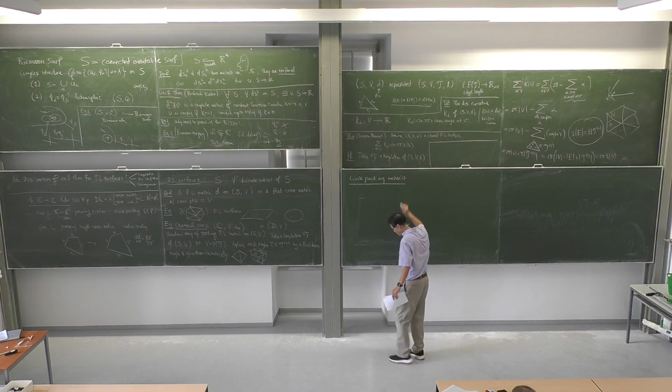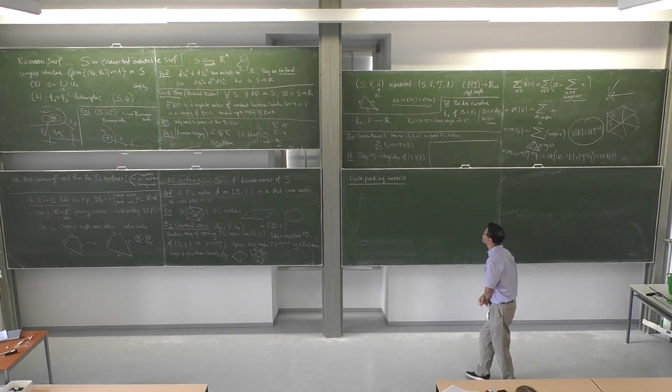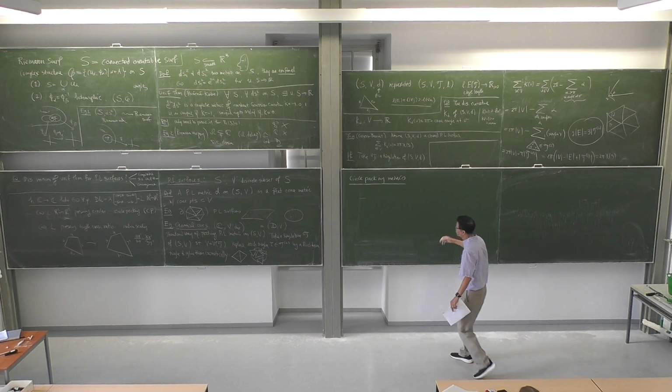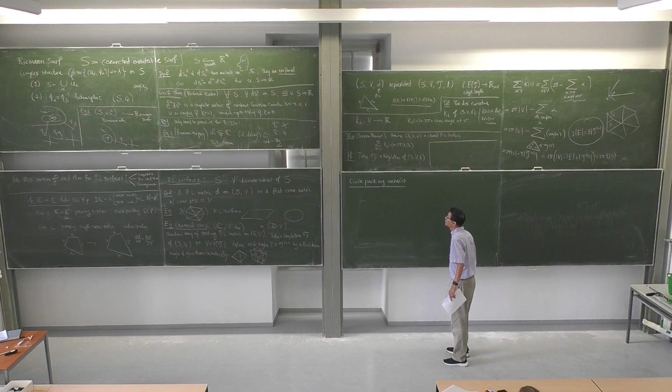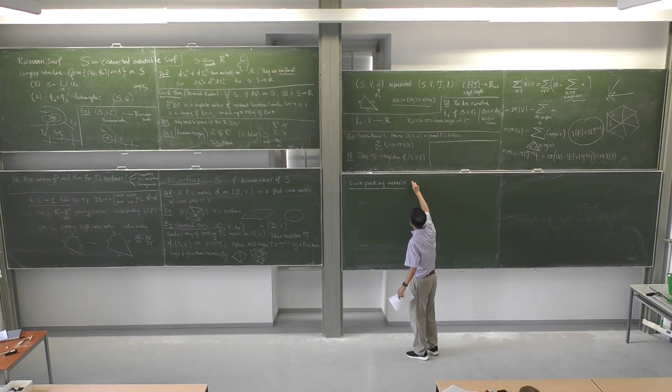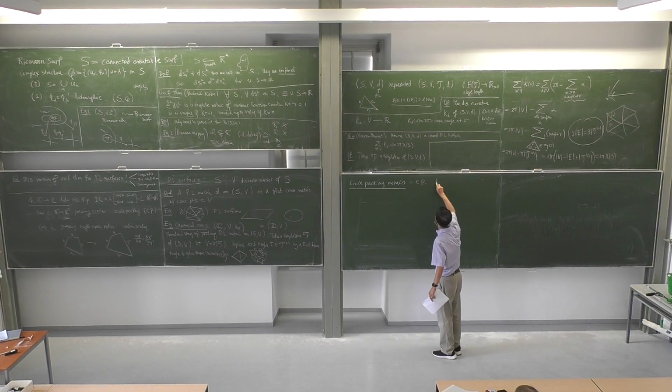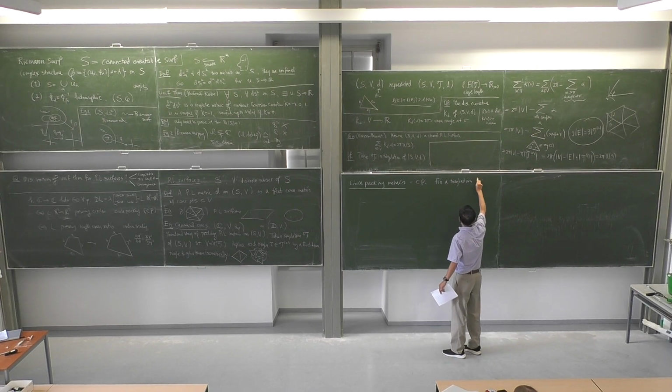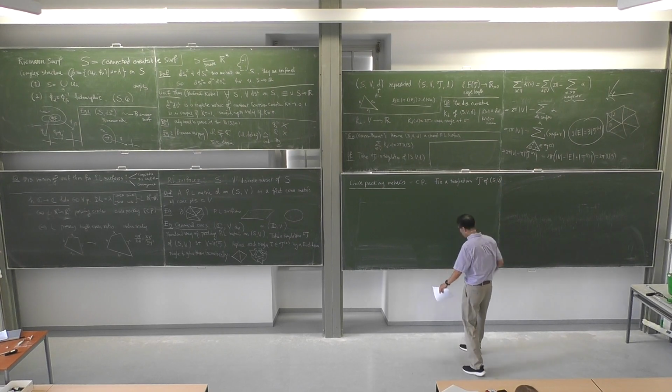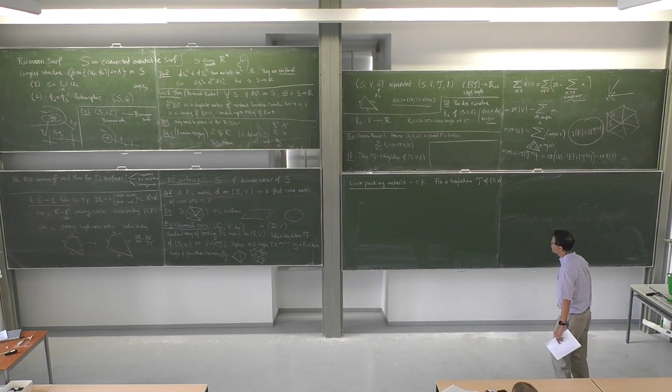This was proposed by Thurston in his work on the geometrization of 3-manifolds. So I'm going to abbreviate it as CP. So the setup is we fix the triangulation. Fix the triangulation T of a surface.